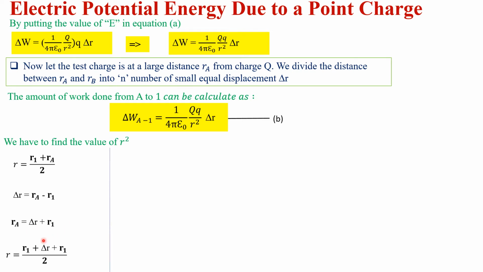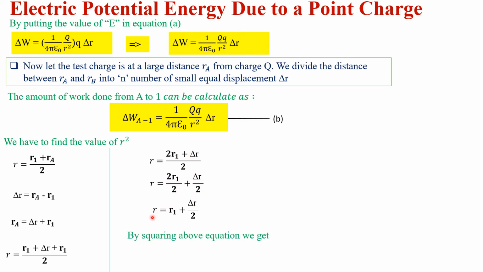By putting the value of RA in equation number C, we get R is equal to R1 plus delta R plus R1 divided by 2. R1 plus R1 gives us 2R1, and then we get R is equal to 2R1 plus delta R divided by 2. By dividing the numerator by the denominator separately, we get R is equal to 2R1 divided by 2 plus delta R divided by 2. 2 is cancelled by 2, and then we get R is equal to R1 plus delta R divided by 2.